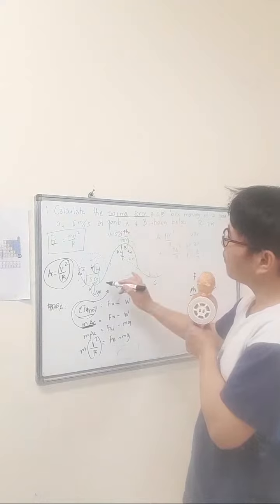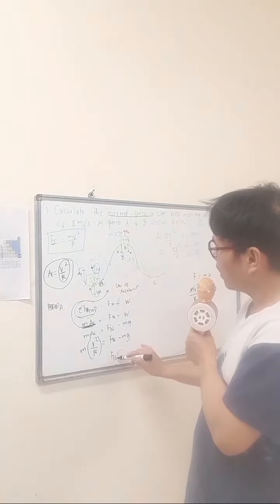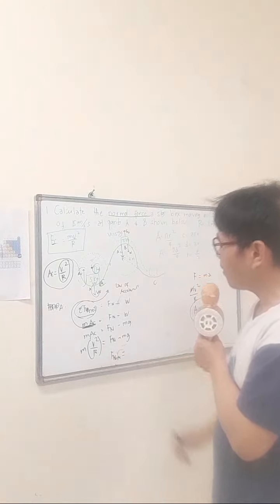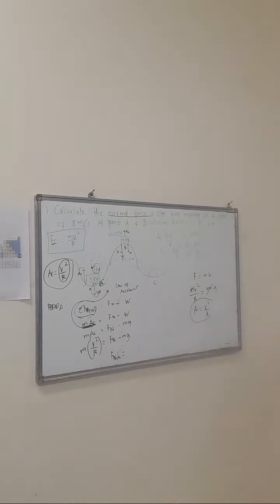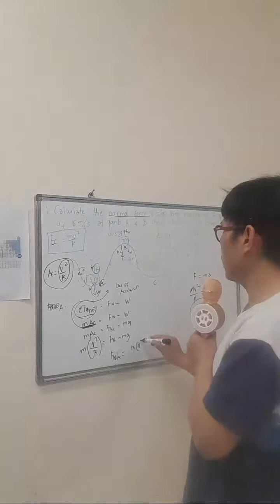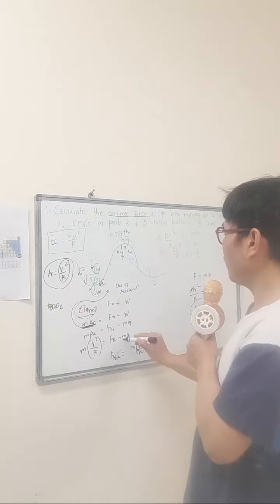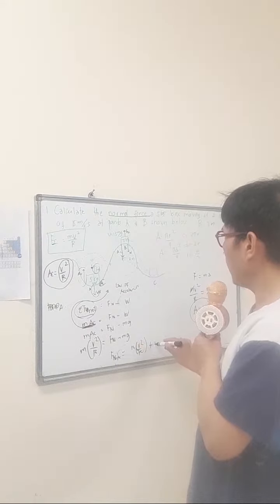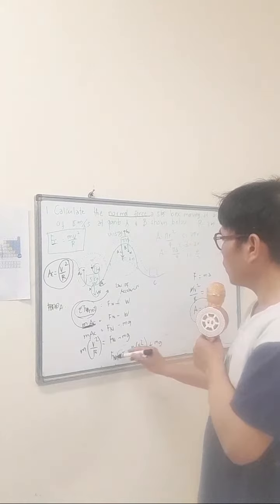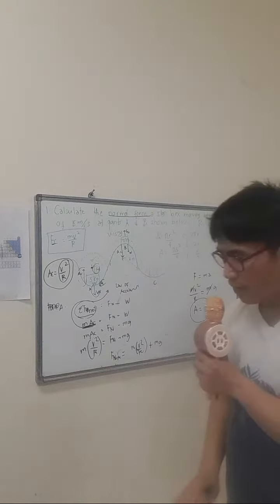Force at A first, so Fn at point A. By using algebra, it's going to be mv squared over r, then transpose the negative mg to positive mg. So this is your normal force, simply the addition of the weight force and this centripetal force.